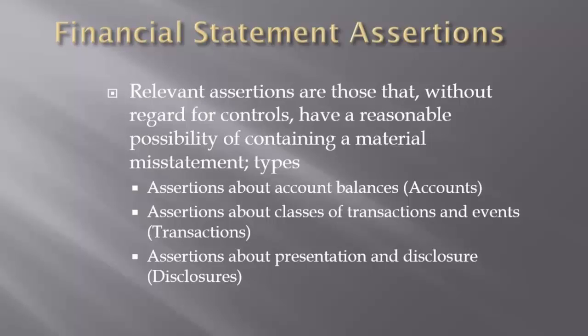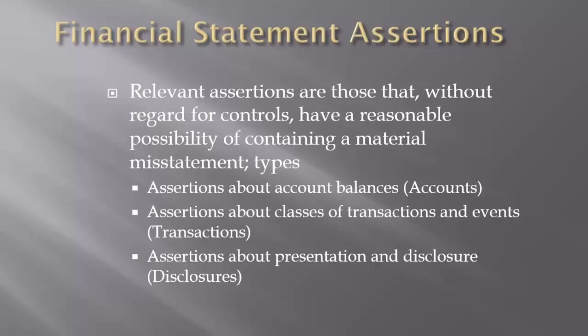Embedded in the financial statements are explicit or implied assertions, and these assertions are coming from management, and they are related to account balances, or the accounts. When we talk about assertions on account balances, think about the account balance for accounts receivable or the account balance for accounts payable.